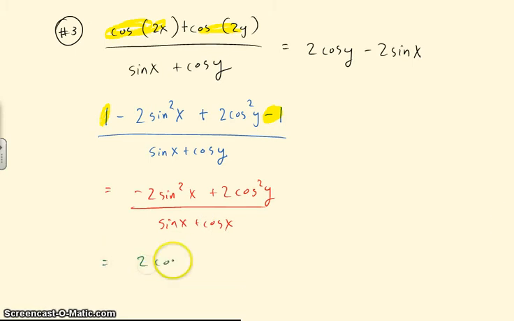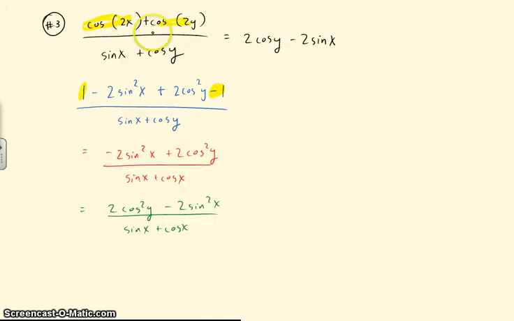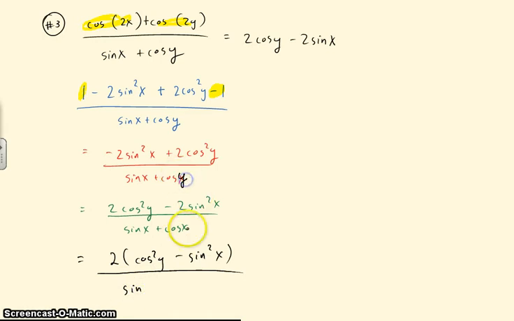How about 2 cosine squared y minus 2 sine squared x. And then I have sine x plus cosine x here. Now I see I can factor a 2 out from the top. Making sure I'm keeping track of my x's and y's, which I've already screwed up here. That's a y. That's a y.